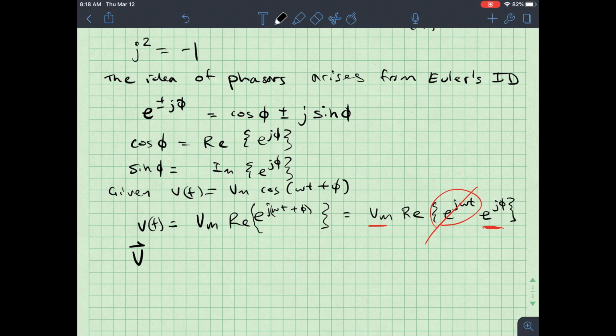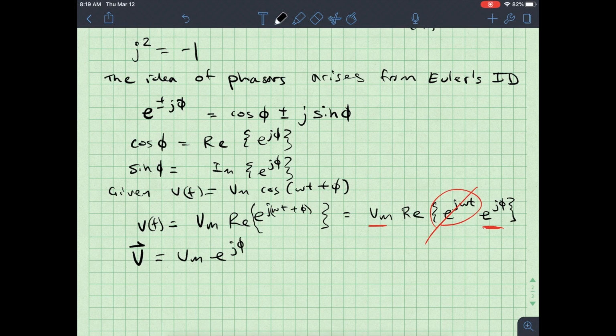In fact, it makes sense to call a phasor a vector because vectors are a magnitude and a direction, and I've got a magnitude and then an angle or direction here. So V phasor is going to be Vm e to the j phi. This is the phasor representation of my signal V of t. It has a magnitude and a direction, so it's a vector.